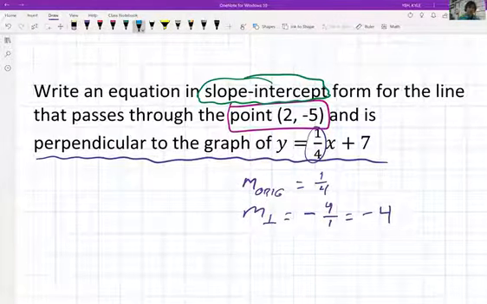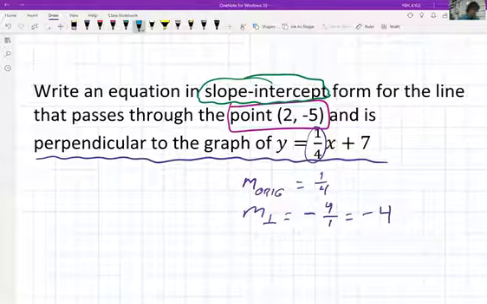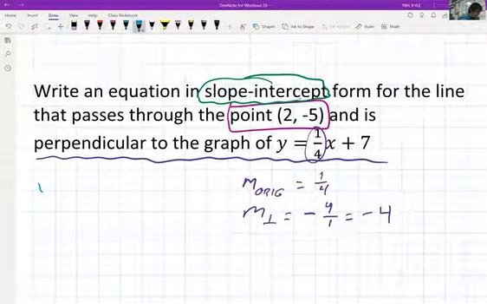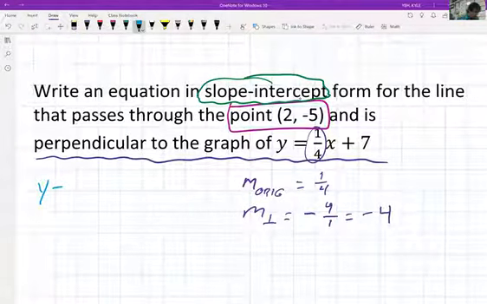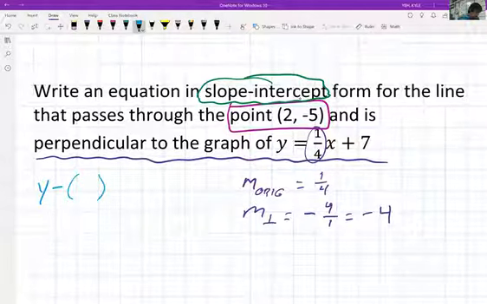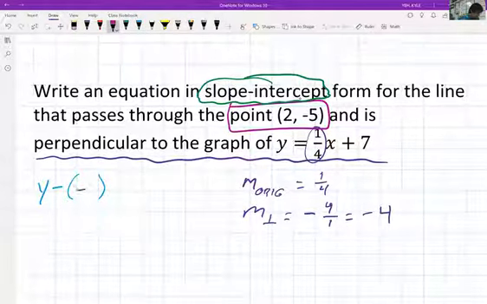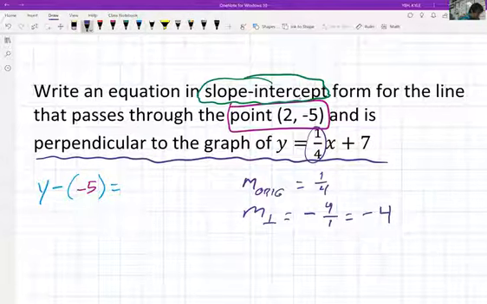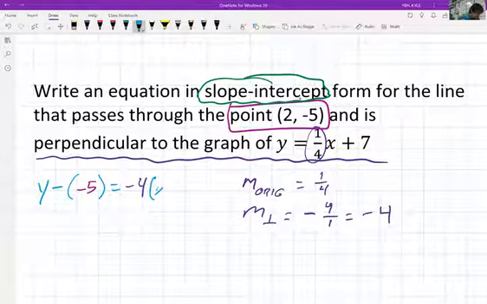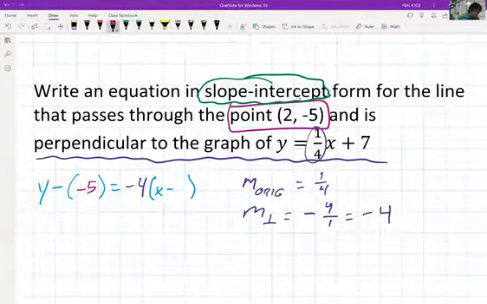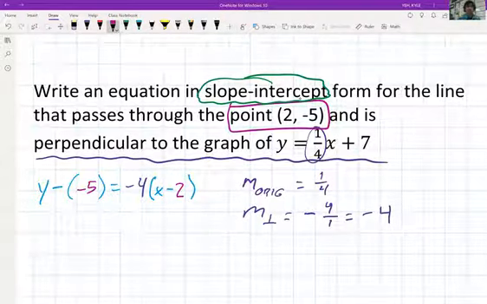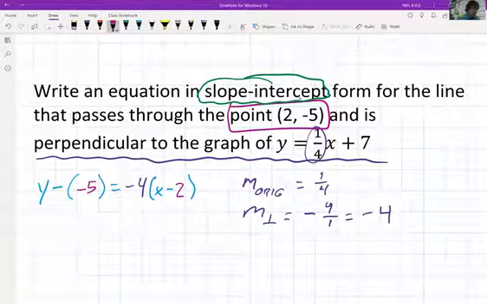I'm just going to start this in point slope and then convert it over to slope intercept. So y minus, what was my y1? It looks like -5 from that point we were given, equals m, which is -4, times x minus x1, which is 2. And you're going to want to become really familiar with these equations.